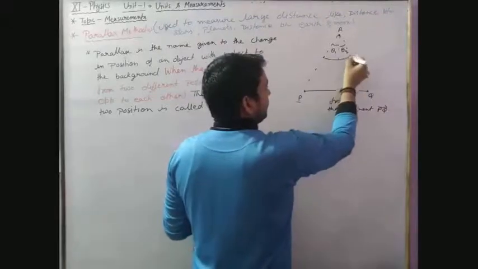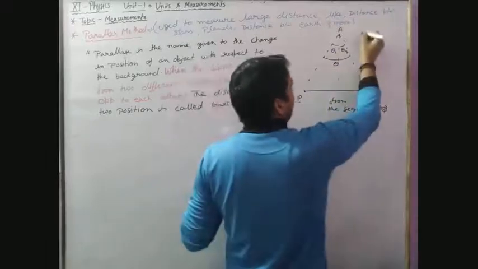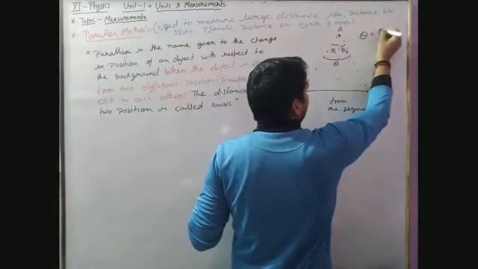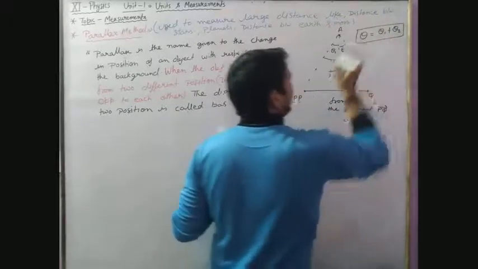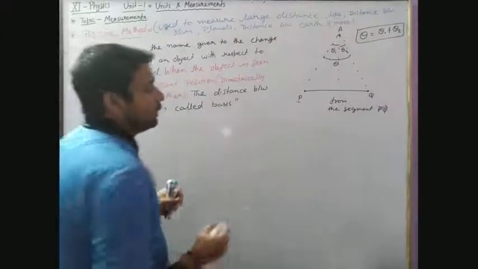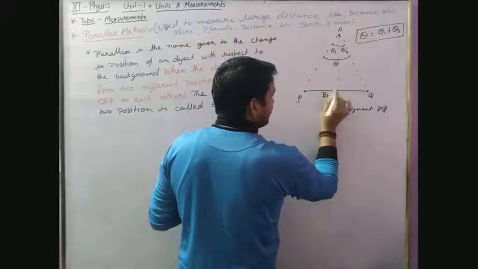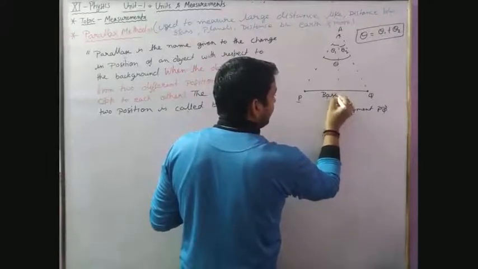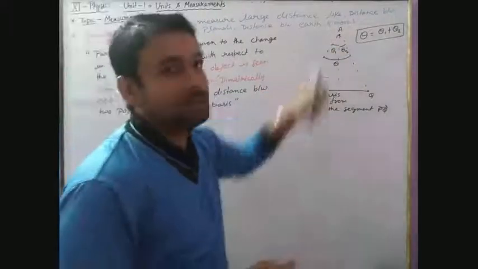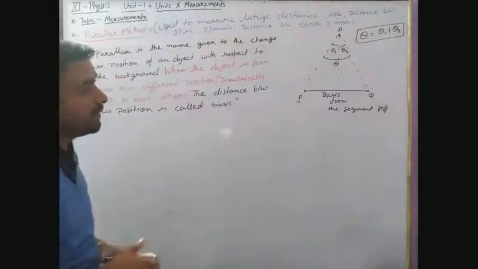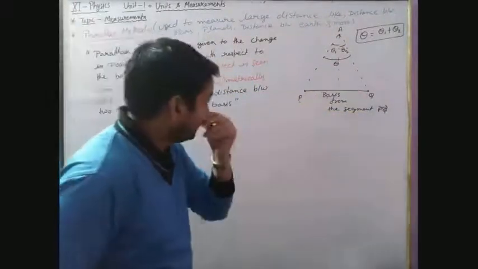Finally the total angle between the two positions is theta, where theta is equal to theta 1 plus theta 2. So this line segment is used as the basis of the angle formed between the two positions and the object whose distance is measured.